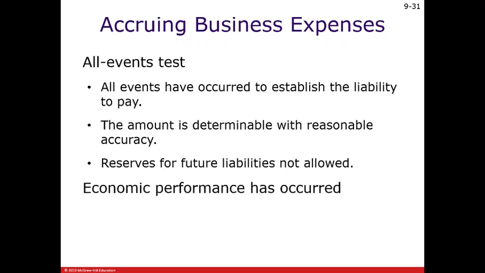Well, guess what? You don't get to do that with tax expenses. And so you'll see here at the very end of the chapter, they talk about bad debt expenses. You're basically on a direct write-off method for tax purposes.